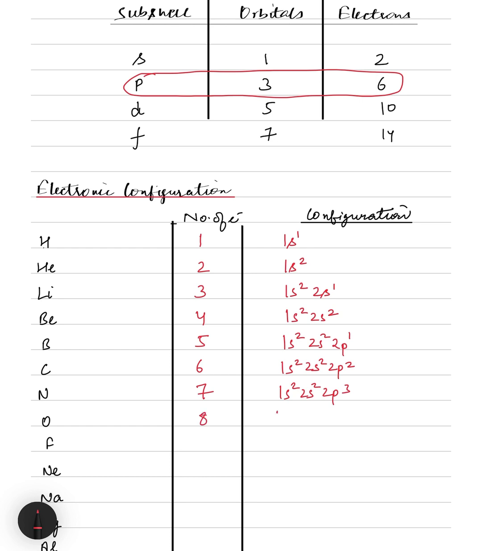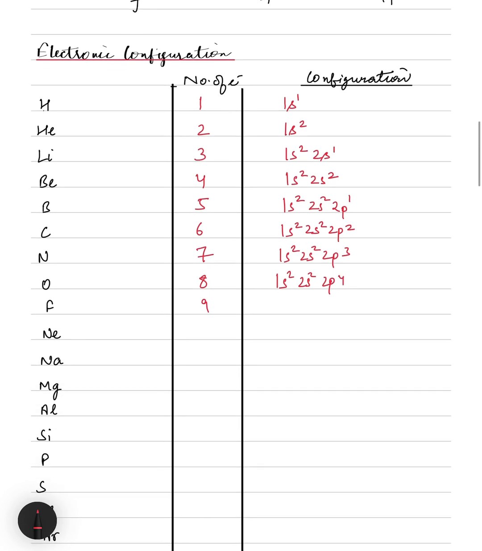Oxygen, atomic number is 8, so 1s2 2s2 2p4. Then comes fluorine, atomic number 9, so it will be 1s2 2s2 2p5. Then comes neon, atomic number 10, so it is 1s2 2s2 2p6.